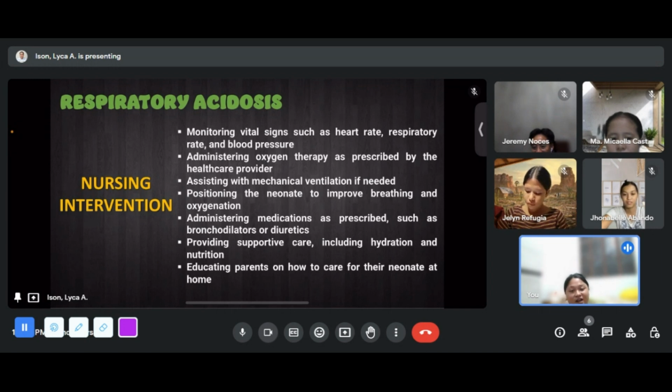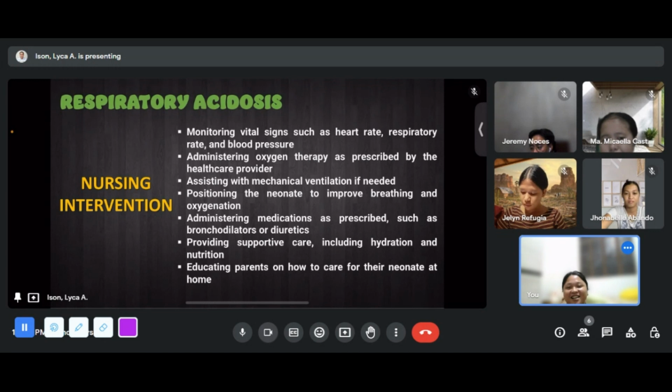Administering oxygen therapy as prescribed by the healthcare provider. So, wag tayo mag-administer ng oxygen pag hindi piniprescribe ng healthcare provider kasi bawal tayong mag-administer nang walang utos galing sa doctor.